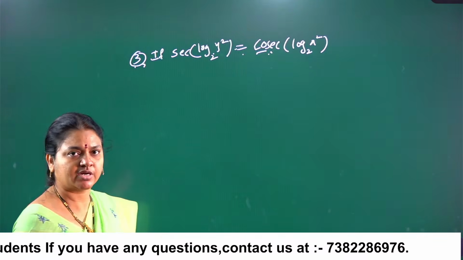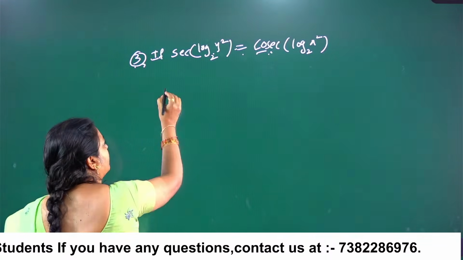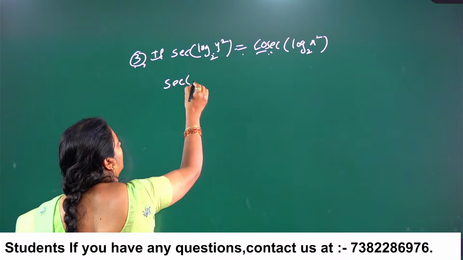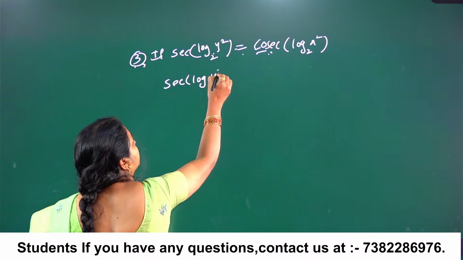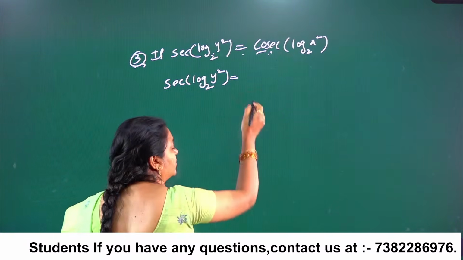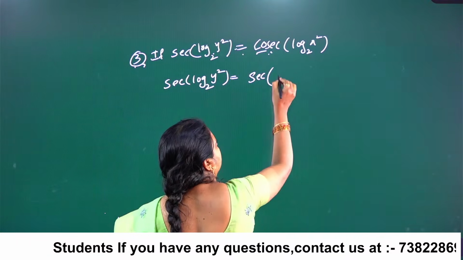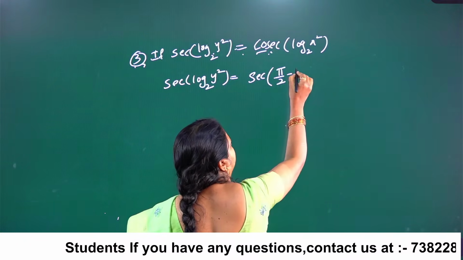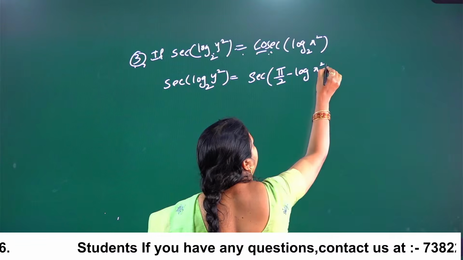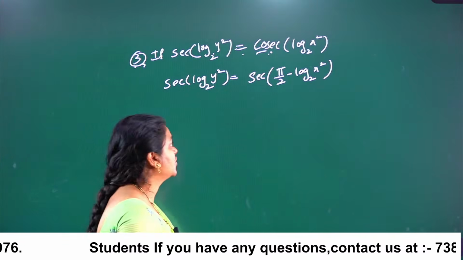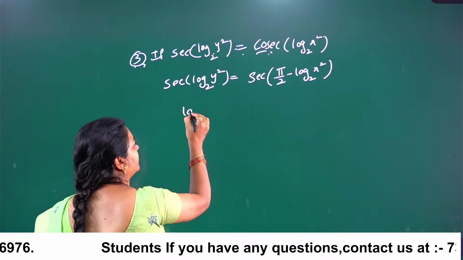This is the MCET question. So how will we solve it? Sec of log y square base 2 is equal to cosec, we can write it as sec of 90 minus theta is cosec, so 90 means pi by 2, minus log of x square base 2. Both sides sec will get cancelled, and what will we have?